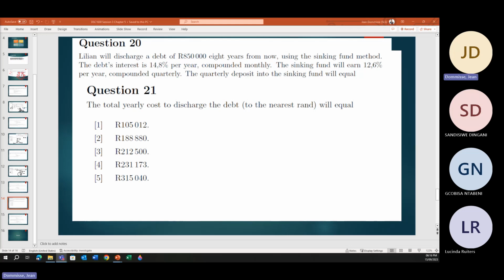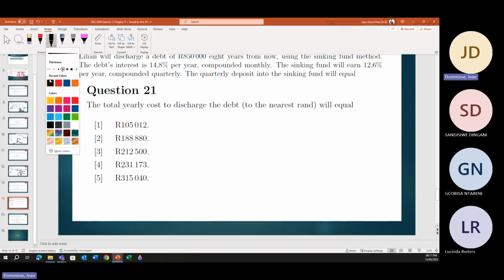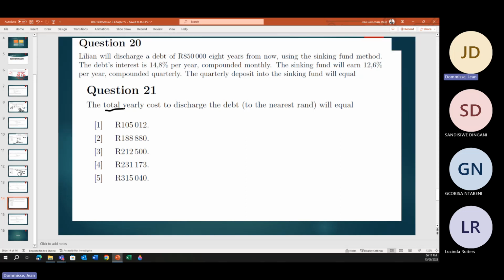Okay, so let's look at this. So the first thing that is important that we need to get with this one is, they ask us the total yearly cost to discharge the debt. So basically, that yearly cost can be split into two.